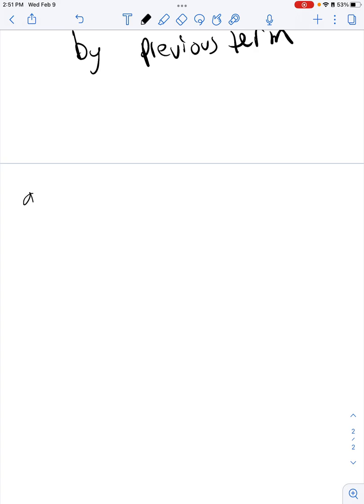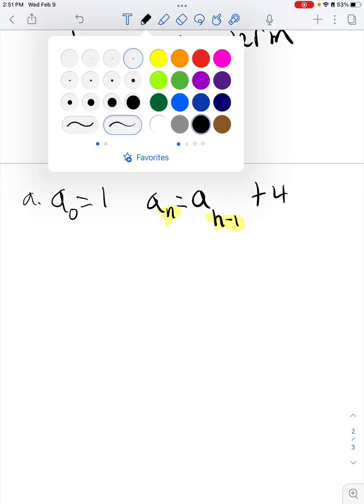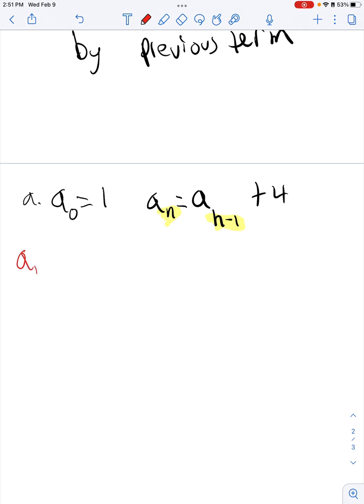So for example, let's say a sub 0 equals 1, and then our equation is a sub n equals a sub n minus 1 plus 4. This is what you'll see a lot. It's either going to be n minus 1 or n plus 1, and that signifies the previous term.